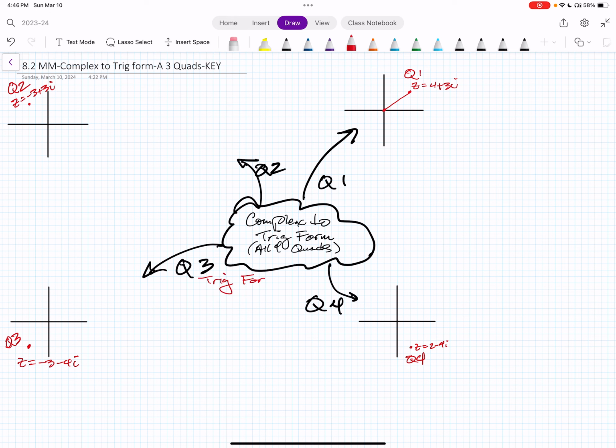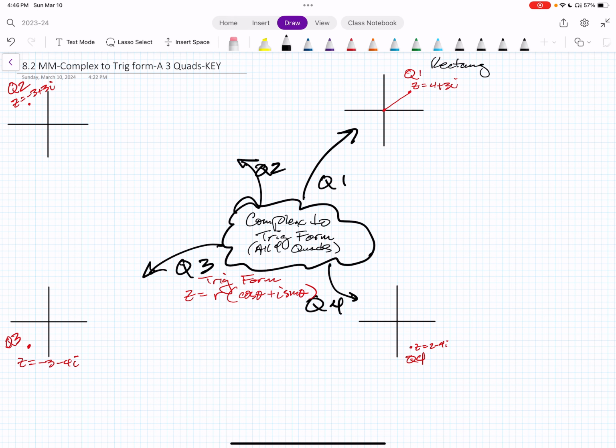In trig form, we take the modulus r times cosine theta plus i sine theta. There's trig form. And general complex form, we have two names for it.